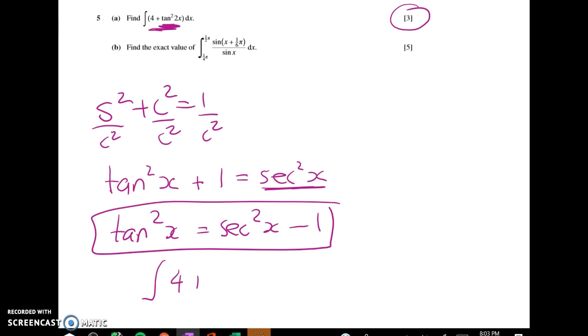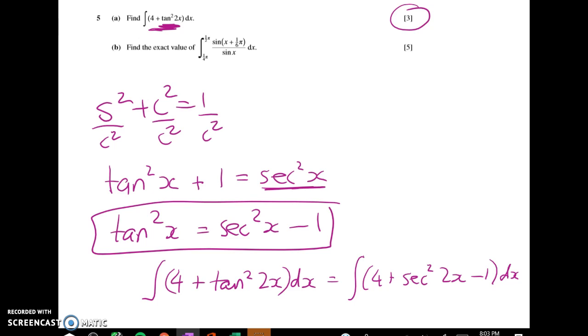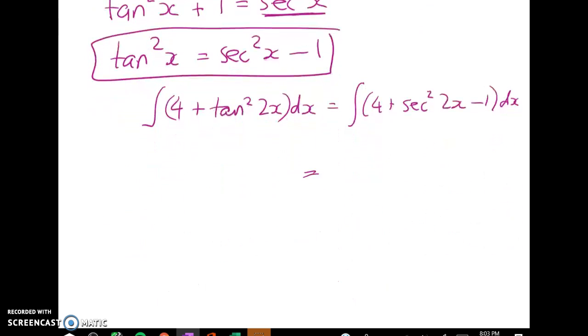So we've got 4 plus tan squared 2x dx, and that works out to be 4 plus sec squared 2x minus 1 dx, which is this, so it's 3 plus sec squared 2x dx.